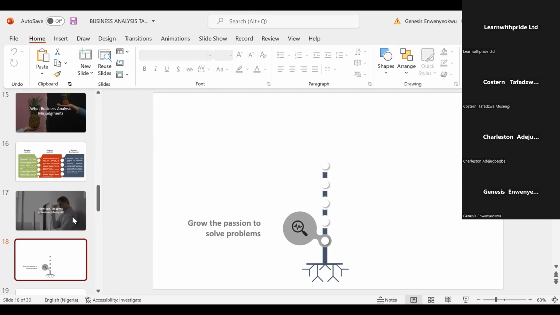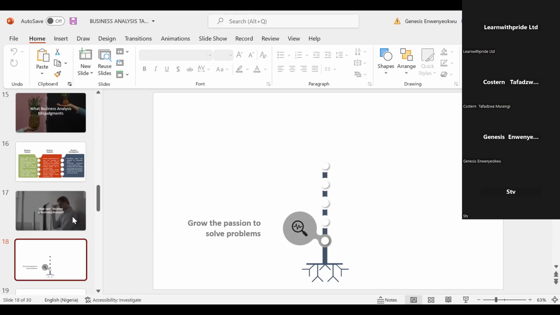If you are not passionate about leaving your current role and transiting to business analysis, you will not put in the necessary work that is required. So you need to grow passion to become a business analyst, to become a critical thinker, to solve problems for businesses and for organizations.